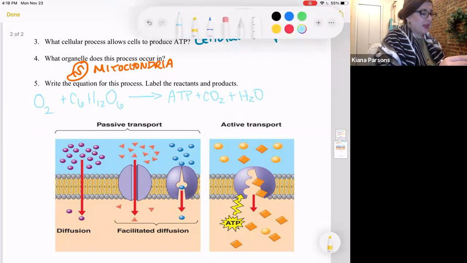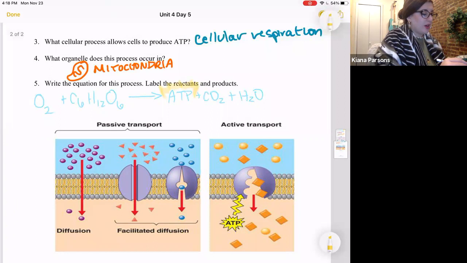And the ATP is the most important part. And it requires oxygen, so it is an aerobic process.